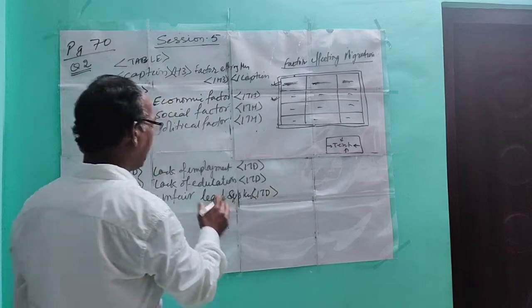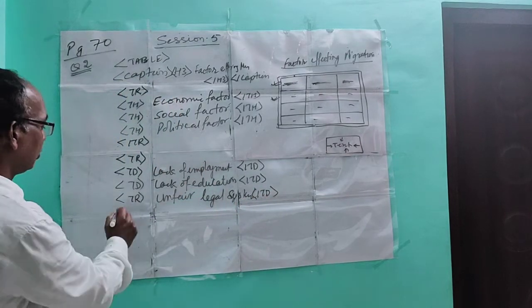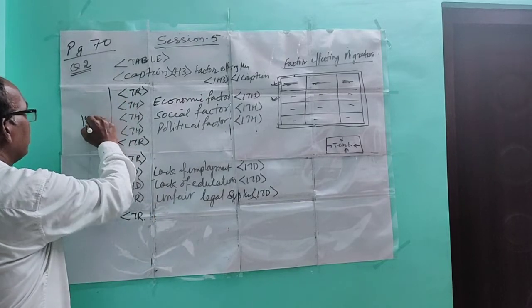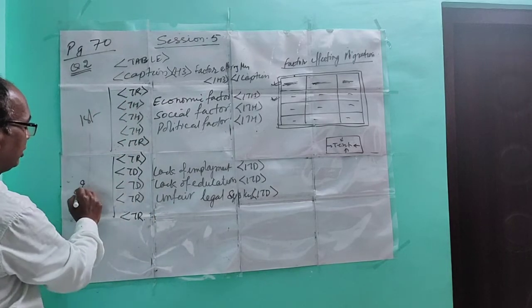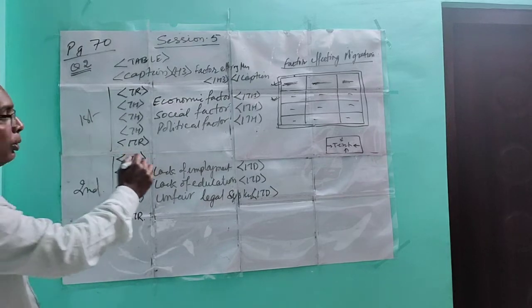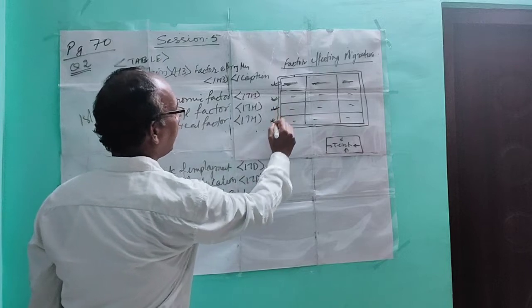So you see our second row is also finished, then close TR. So this part is our first row, this part is our second row. In the same way, we can add the third row and the fourth row.